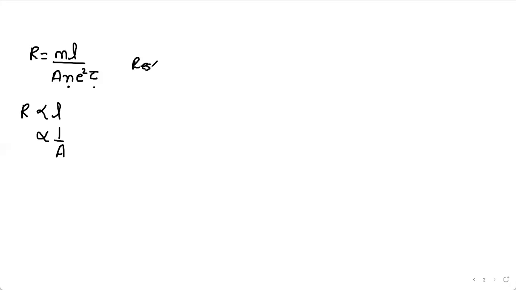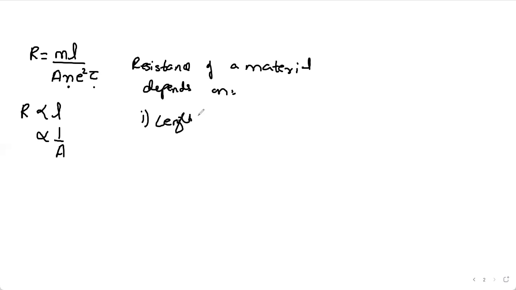So resistance of a material depends first on length: R is directly proportional to length. Then area of cross section: R is inversely proportional to area of cross section.